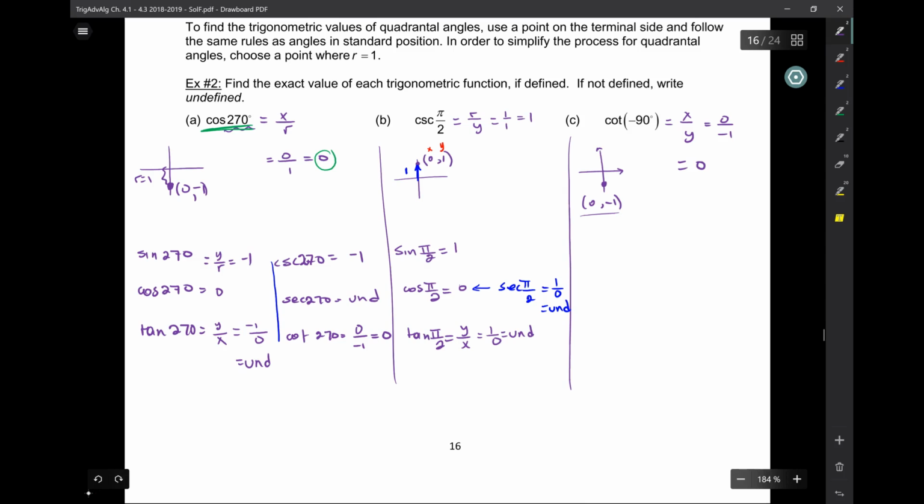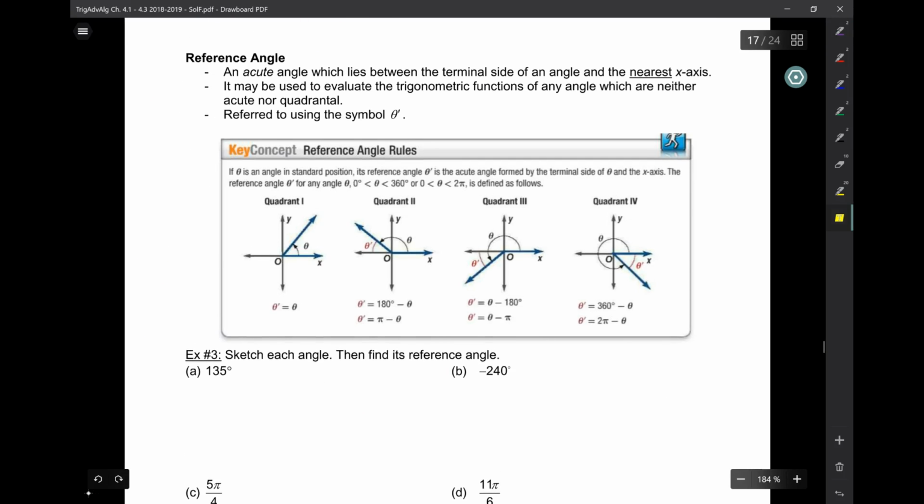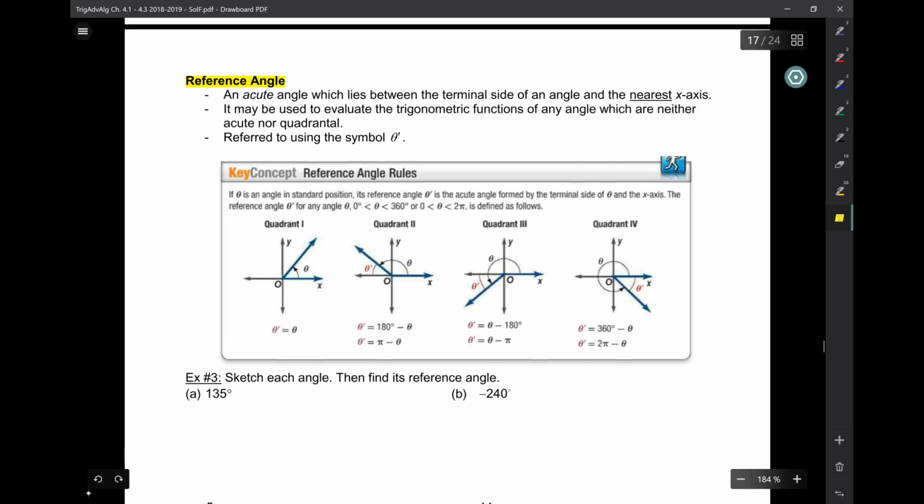All right, let's talk about reference angle. A reference angle is an acute angle, and it lies between the terminal side and the nearest x-axis.